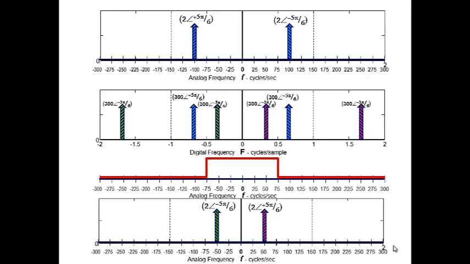And we can ask ourselves, does that signal alias? And it does. For digital frequency, again, we want to see is F0 got to be less than what? Half, Nyquist rate. Which it's not, so it aliases.